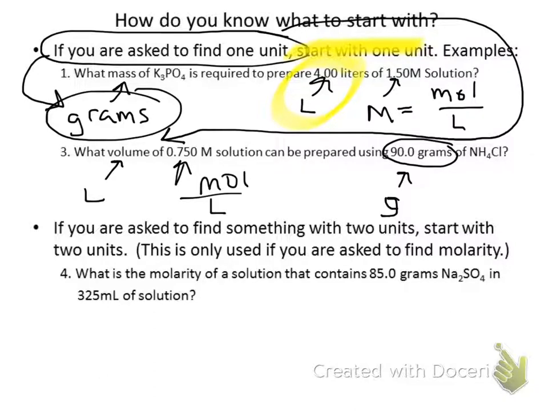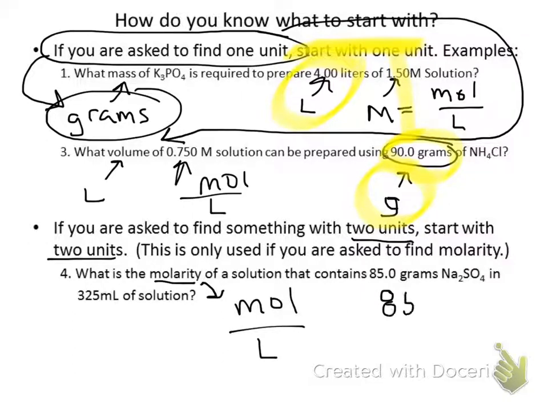In the next one, it says if you're asked to find something with 2 units, start with 2 units. This is only if you're looking for molarity. So the question says, what is the molarity of a solution that contains 85 grams of sodium sulfate in 325 milliliters of solution? Let's take a look at that once the video catches up. All right, here we are. Remember, molarity is moles per liter.